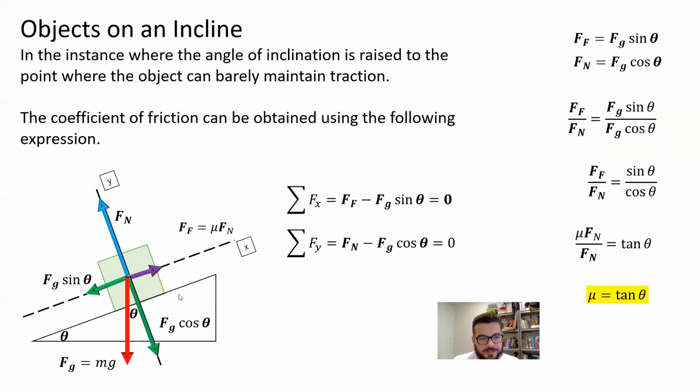So what's happening here is, in this situation, the object on the incline is at the brink of sliding. The frictional force has just balanced perfectly with the sine component of the weight vector, and it's in equilibrium right at that point.